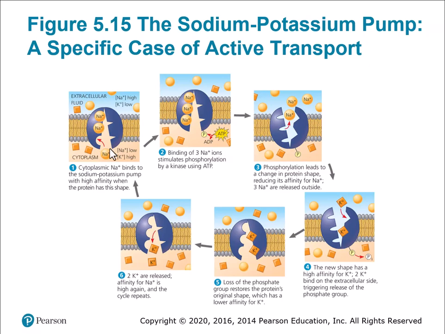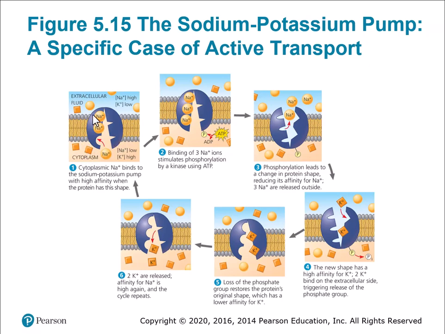So a really important point of active transport is that it is moving things against the concentration gradient, requires a molecule of ATP, so it requires energy. And the purpose of this is to build the concentration gradient so then passive diffusion can actually work when it is needed.